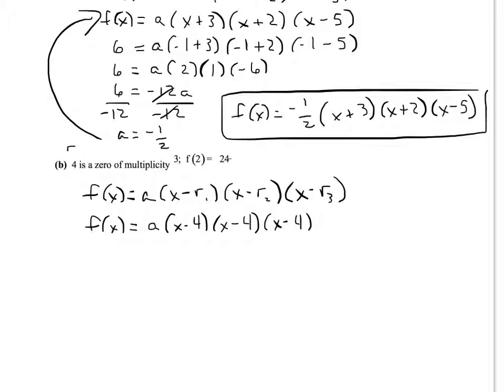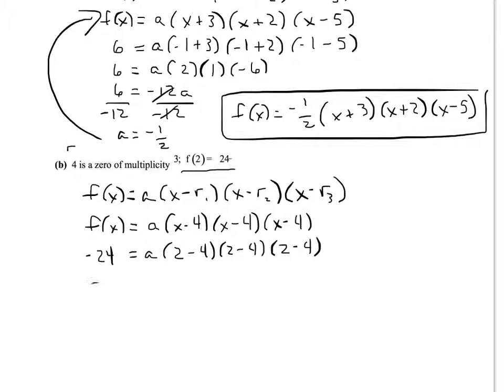The part I haven't used yet is this part over here. My x value is how much? 2. Remember, it occurs in the parentheses after the f. So I'm going to substitute 2 everywhere I had an x. What is the y value when x is 2? Well, according to this, it is negative 24.